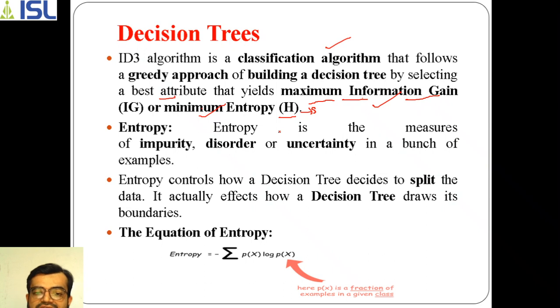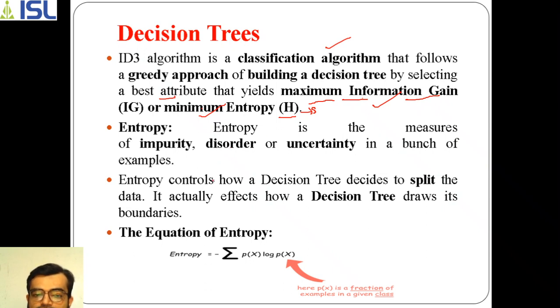But if the impurity is less, meaning the data is systematic, in order, with certainty, then it is data with less entropy. So we have to select the attribute with minimum entropy for the given data set.